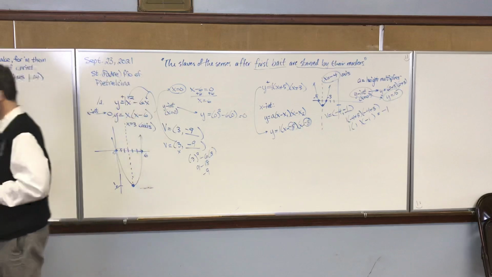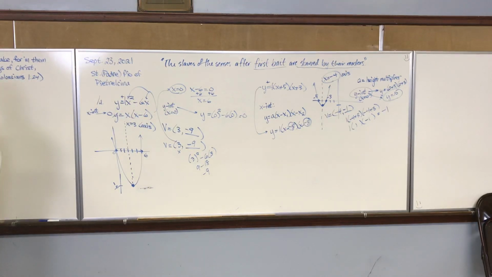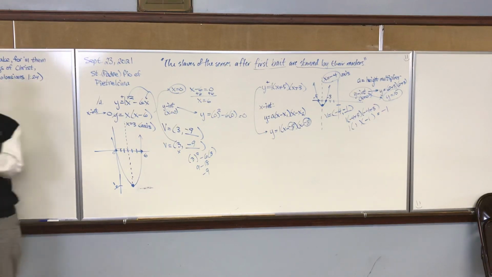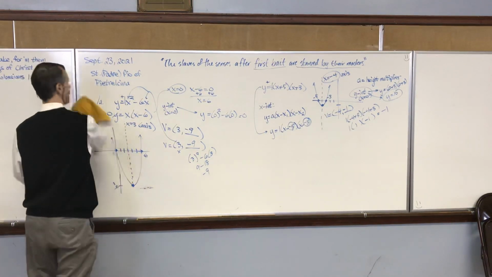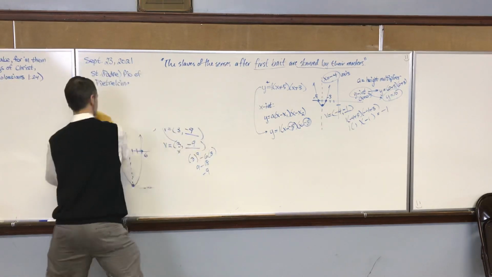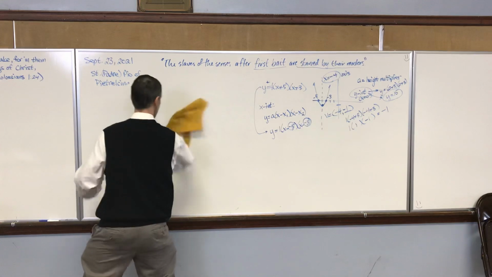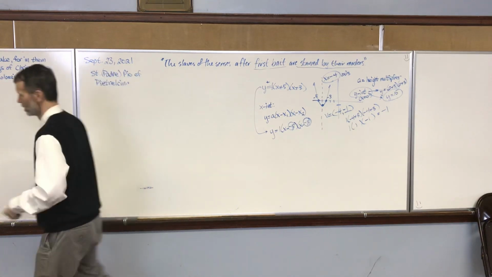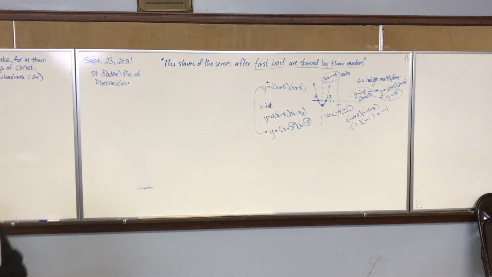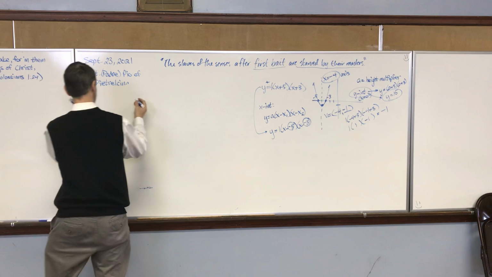All right. That was number 3, correct? Jump to number 7. This is a little bit of a different creature. y equals x squared minus 2x minus 15.